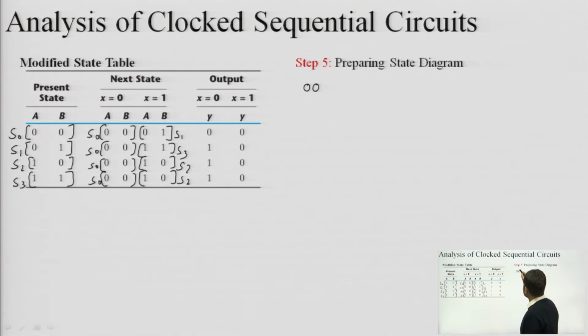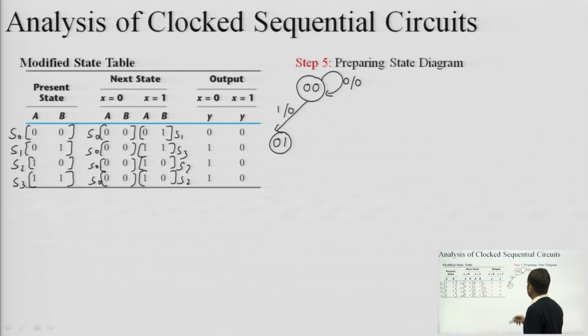0 0, you are in this state, and x is equal to 0, you will remain in this state, and that time output is 0. And for x is equal to 1, you will proceed to 0 1 state. Okay. For x is equal to 1, and output will be still 0.